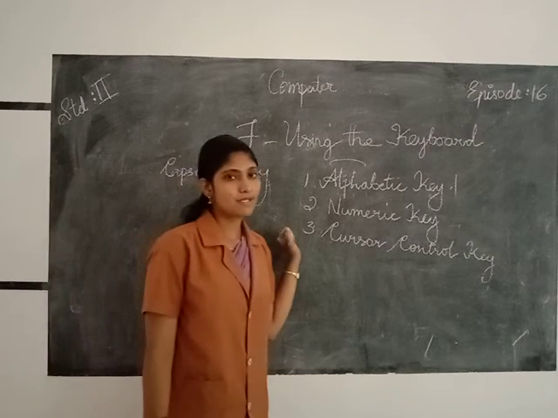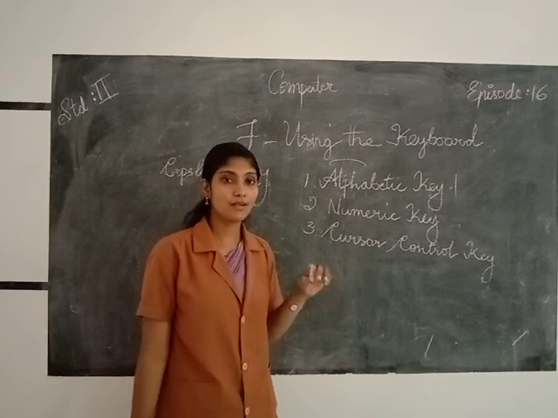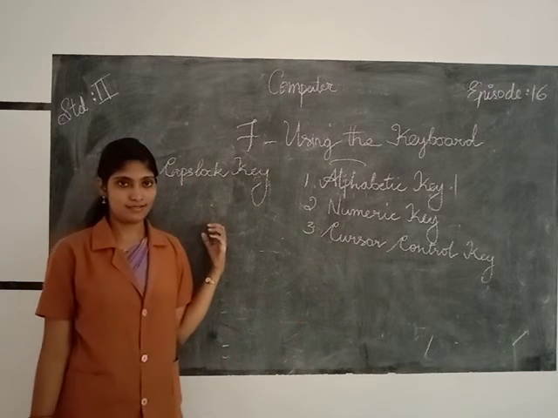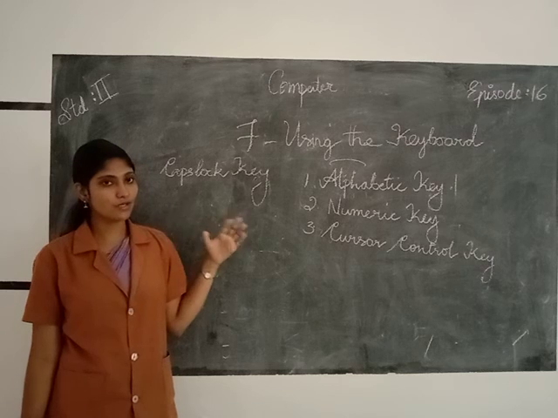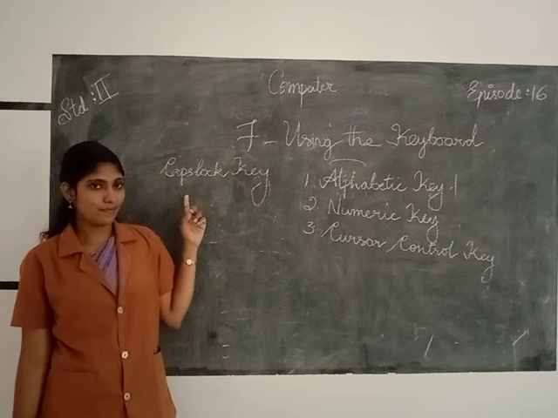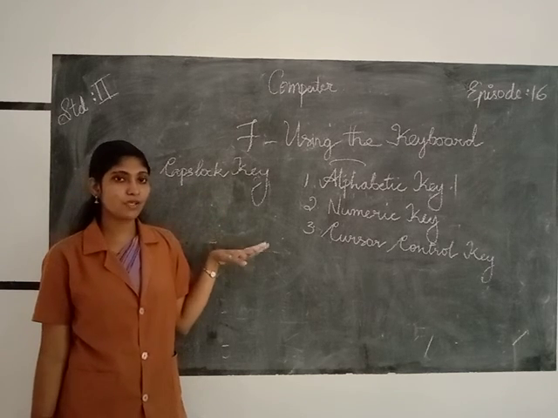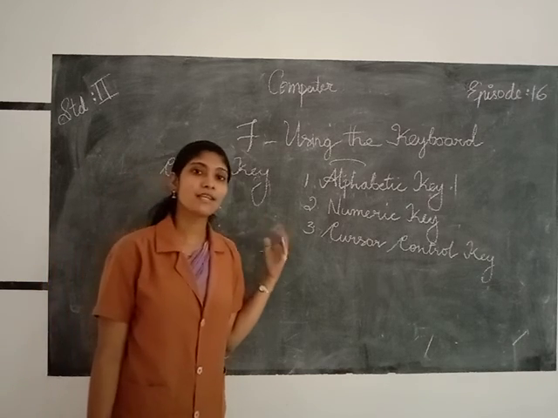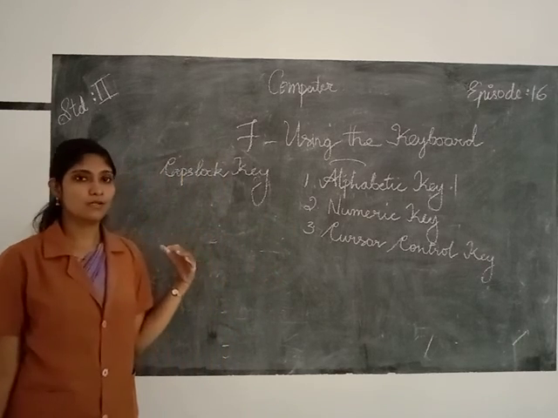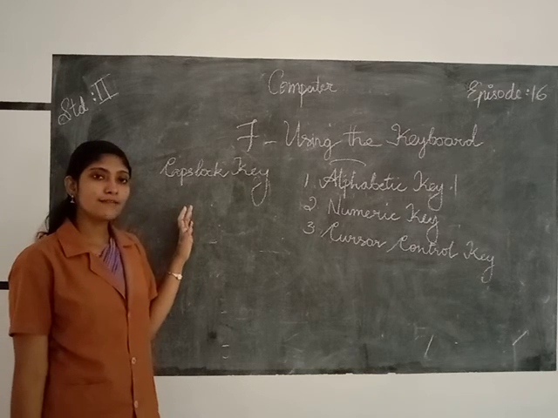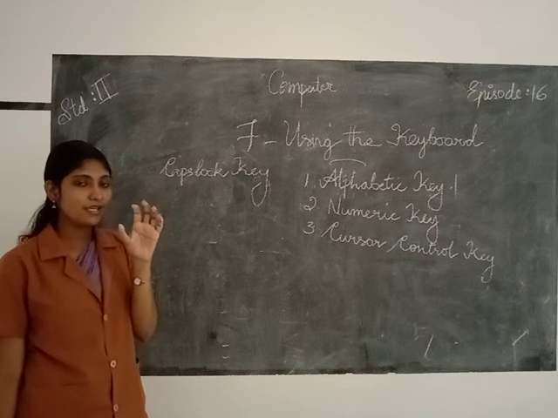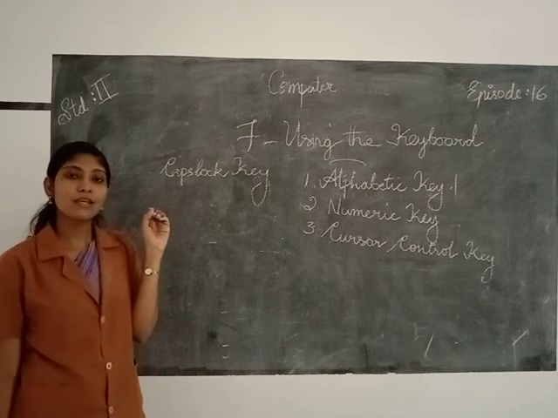The use of the caps lock key is that when we turn it on, we can write letters in capitals. Otherwise, we write in small letters. How can we identify whether it is on or off? There is a small light at the top of the key.